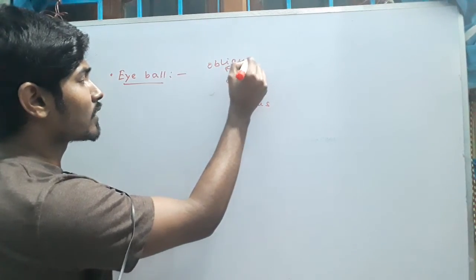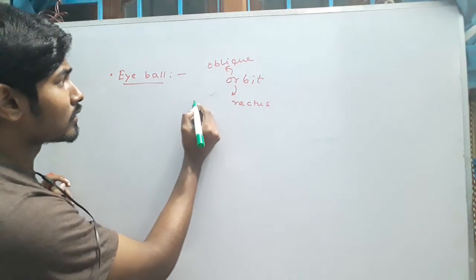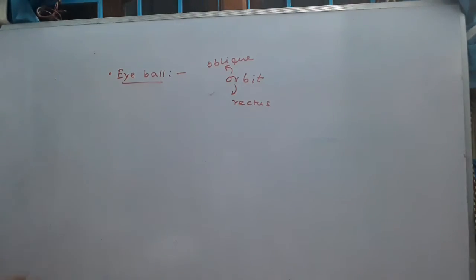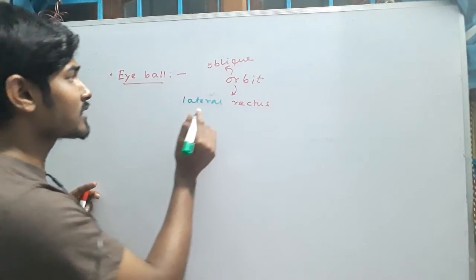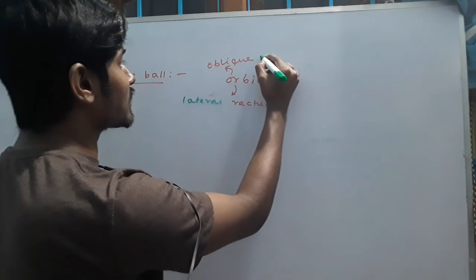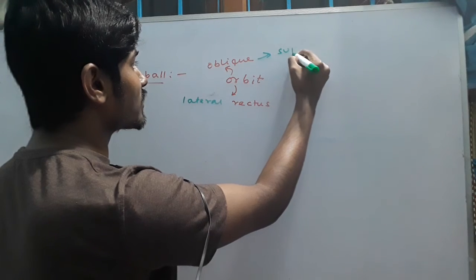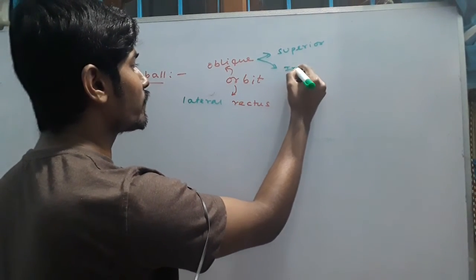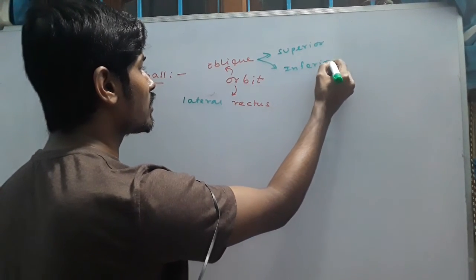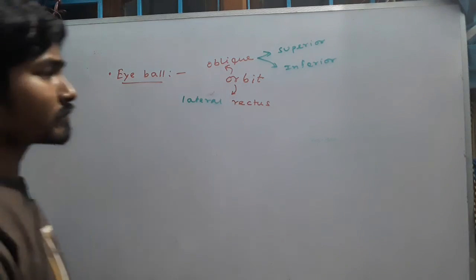Okay, so what is the name? The name is lateral rectus muscle. Lateral means sidewise, and the oblique muscles are of two types. One is the superior and the other is the inferior. So one is the superior oblique muscle and the other is the inferior oblique muscle, which are abductor muscles of the eyeball.